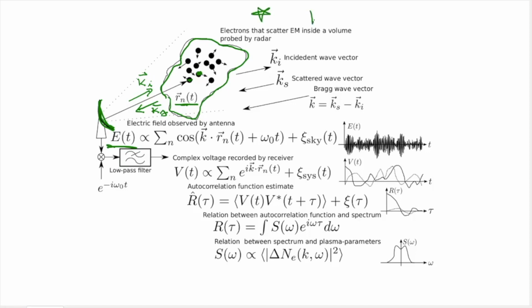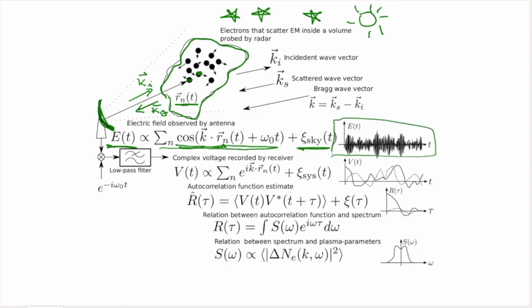This includes bright radio stars, our own sun, as well as galactic synchrotron emission. The contributions of the electrons inside the plasma are denoted here in this first part, and then noise sources of cosmic origin are denoted by Xi of sky. A depiction of the electric field at the receiver antenna is shown on the plot on the right. The electric field oscillates very fast due to the frequency of the radar transmission, omega naught.